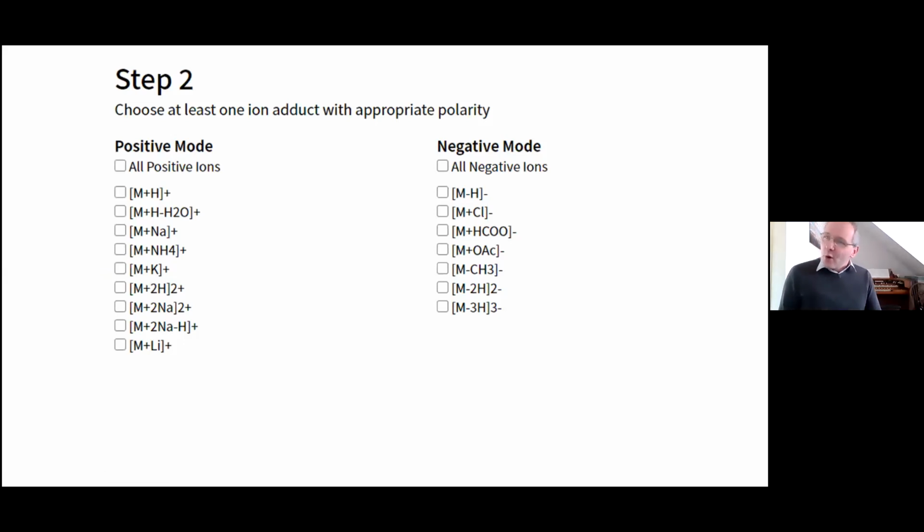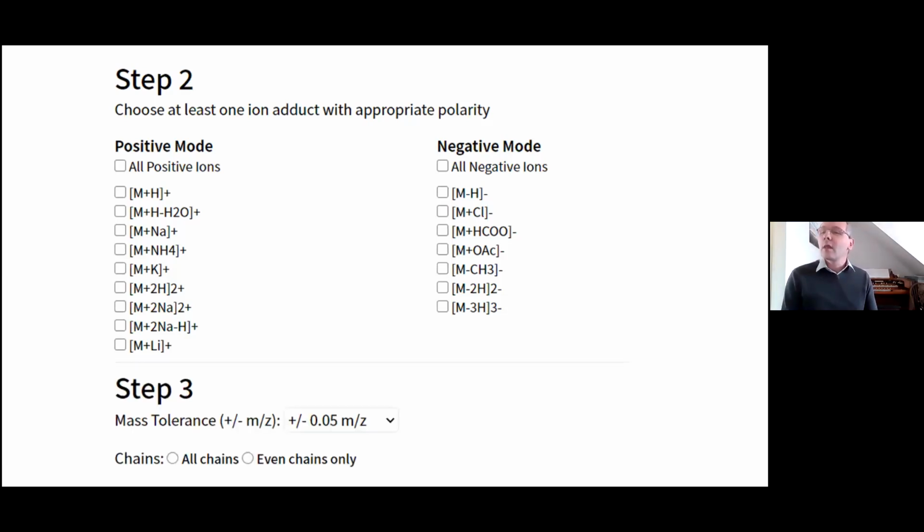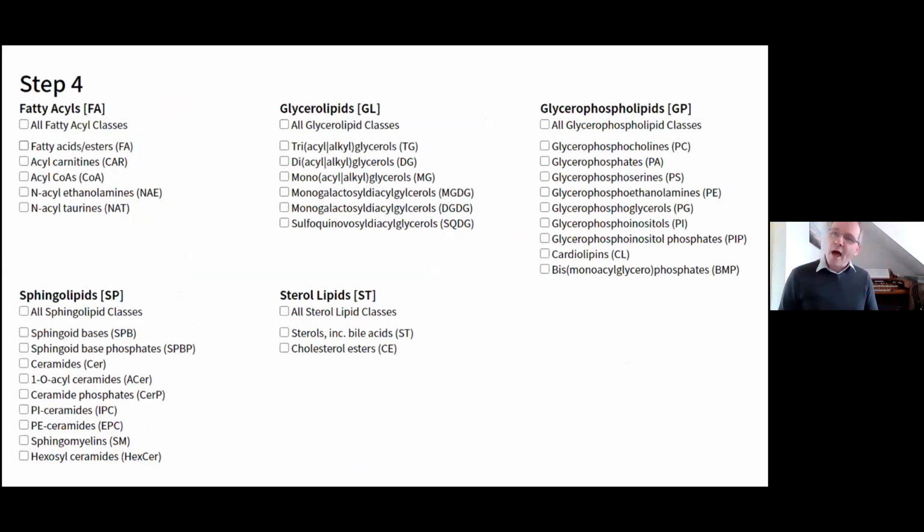Select the appropriate mode that you want to search for and the appropriate adduct if you have that information. Then go on to select the mass tolerance you might be looking for. And beyond that, you can search which particular classes of lipids you want to search for. If you select none of these, if you don't tick anything, it will search all of them. But you might have information, for instance, that you're not interested in the sterols, or you're only interested in sphingolipids.